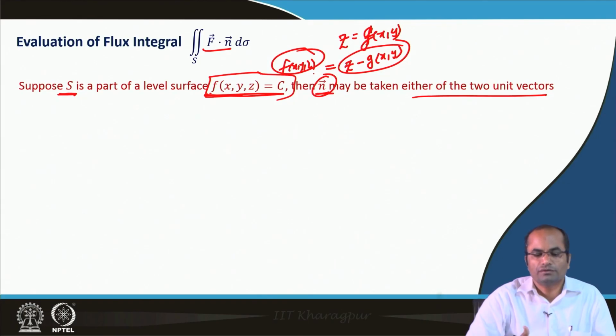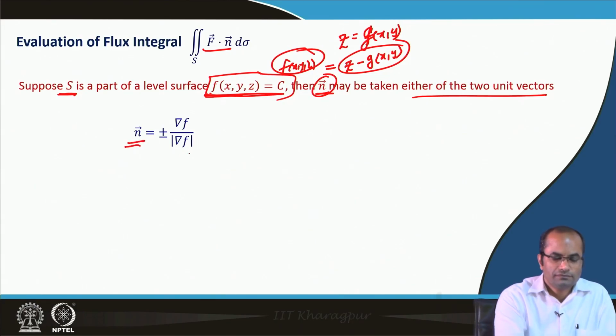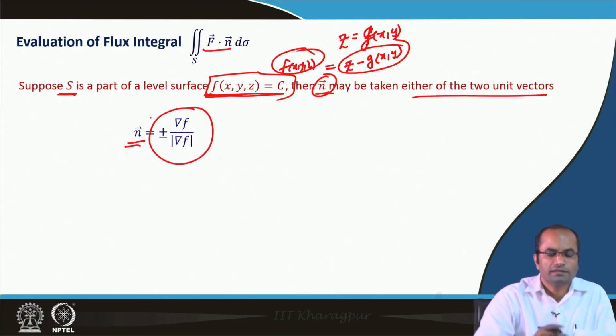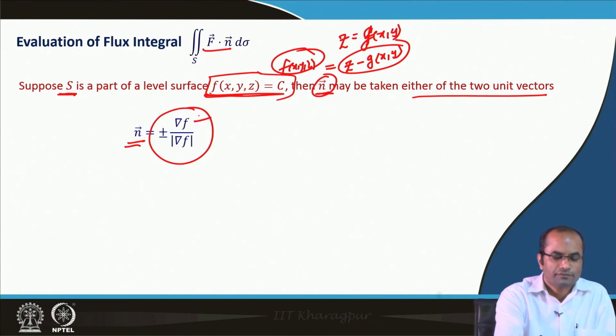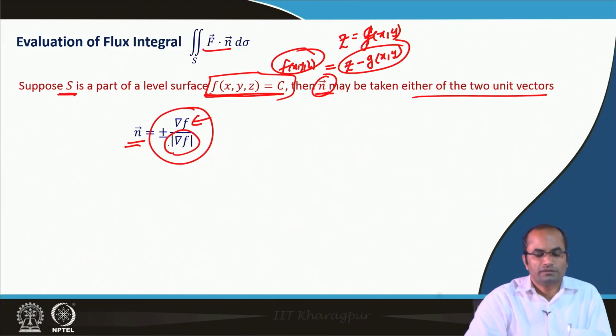The gradient of f points in the normal direction of the given surface, and then we normalize it to get the unit vector. So, n is nothing but plus or minus the gradient of f divided by its magnitude.